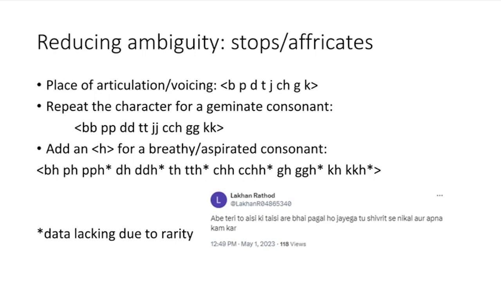Those symbols you see in the first line, you'd pronounce them as in English: b, p, d, t, j, ch, g, k. If it's a long consonant, you repeat the character. If it's breathy or aspirated, you add an H at the end.